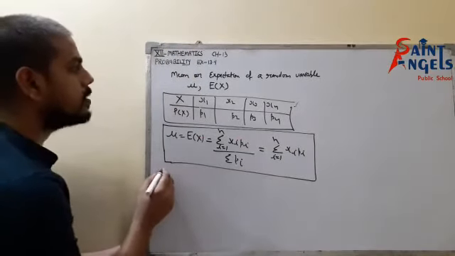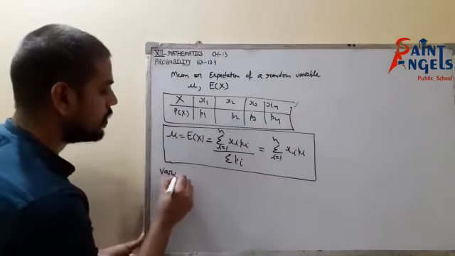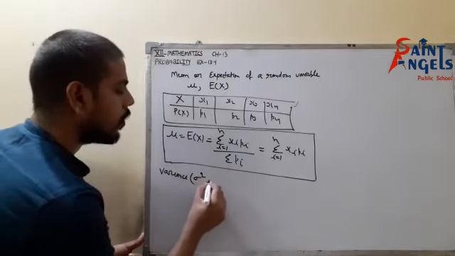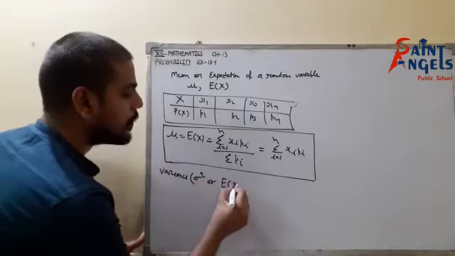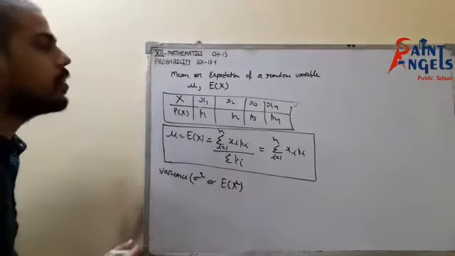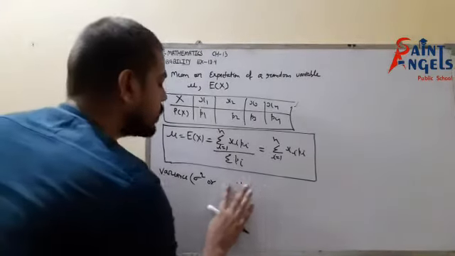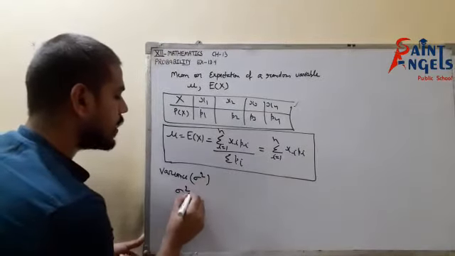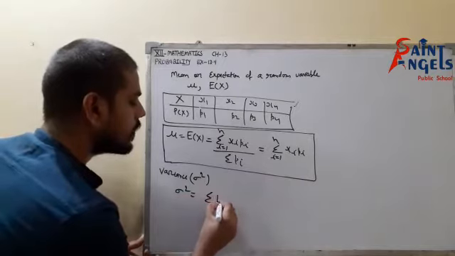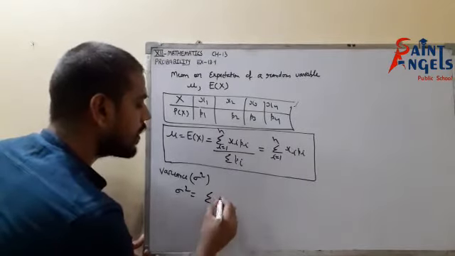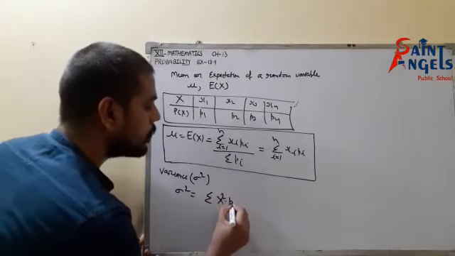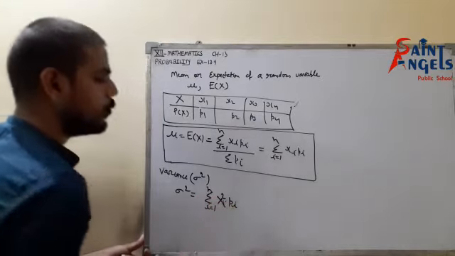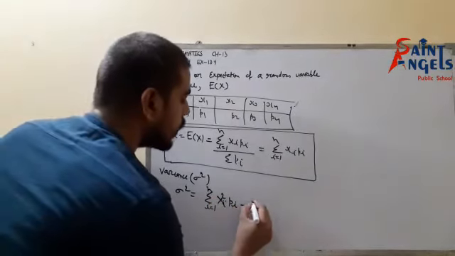Now the next term is variance. Variance is denoted by sigma square, or expectation of x square, or just let it be sigma square. The formula for variance is sigma square equals summation of xi square into pi, where i equals 1 to n, minus mu square.